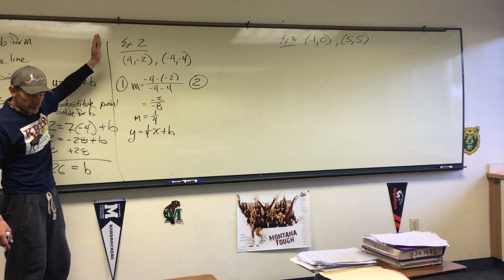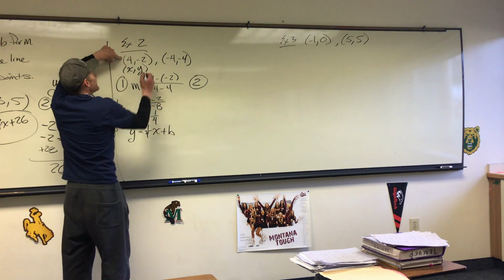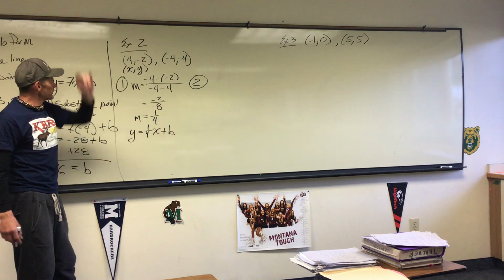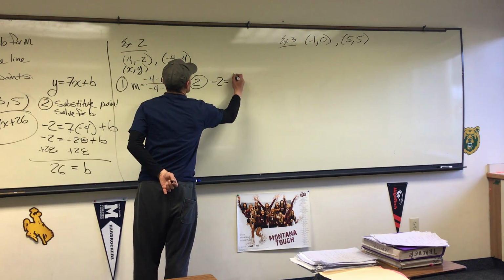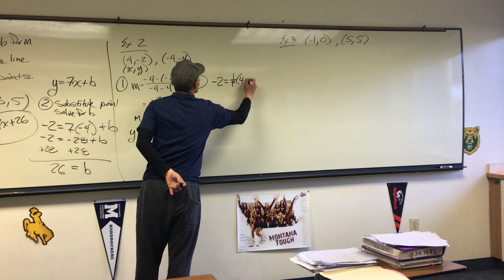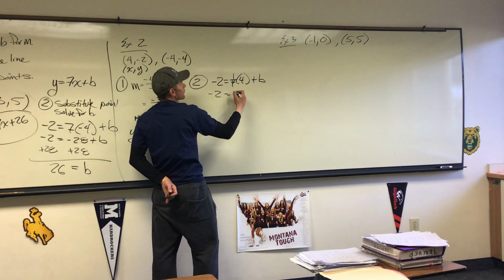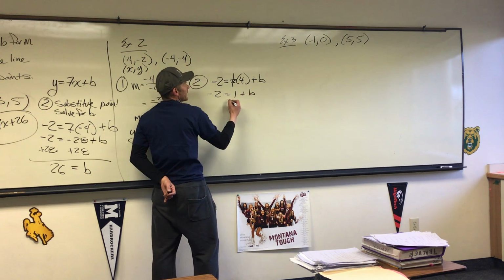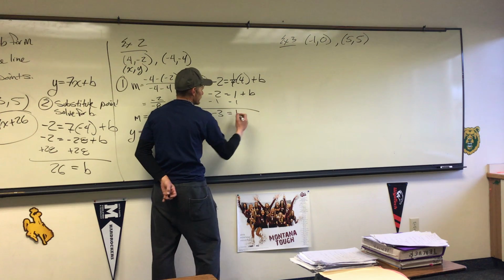Like I said, though, sometimes there will be an easier one. Let's just use this one. And this says when y is equal to negative 2, x is equal to 4. So I can write negative 2 is equal to 1/4 times 4 plus b. 1/4 times 4 is just 1. And let's subtract 1 from each side. And negative 3 is equal to b.